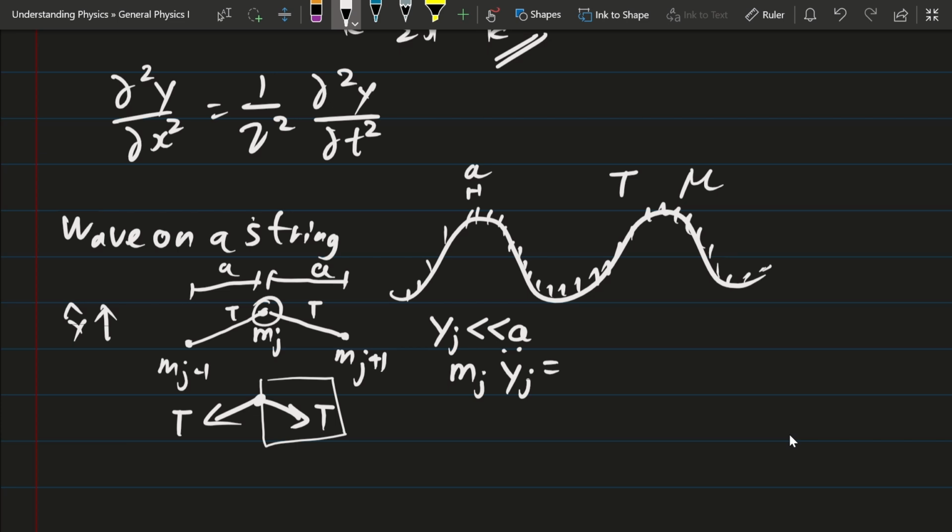First, I see that there is an angle here, which I will assume to be theta. I will call that T sine theta 1 from the right-hand side. And then from the left-hand side, it will be the same thing, T sine theta 2. And I will just add those two up.